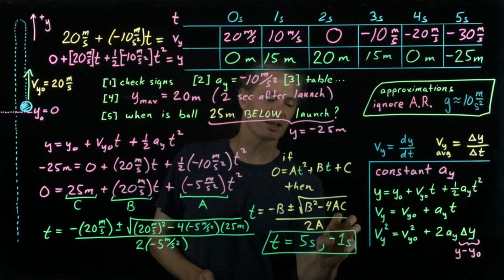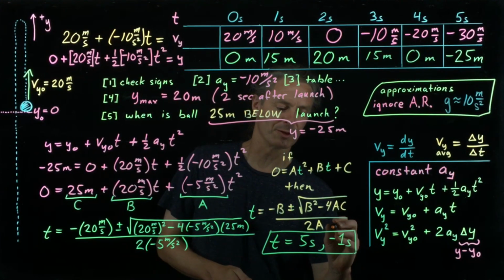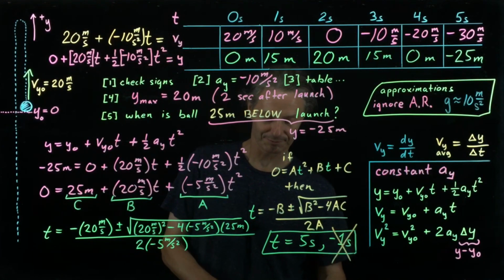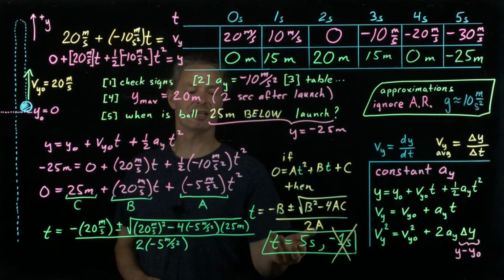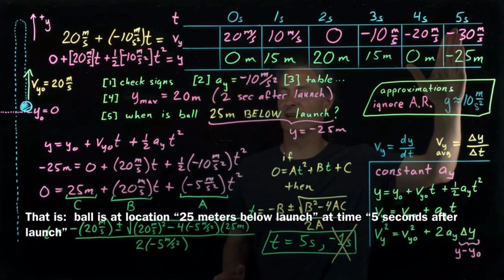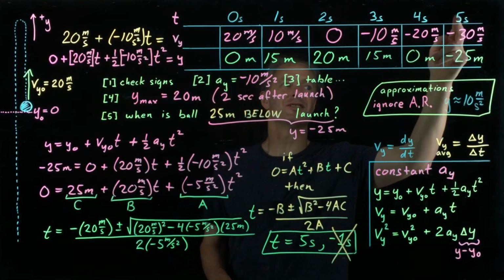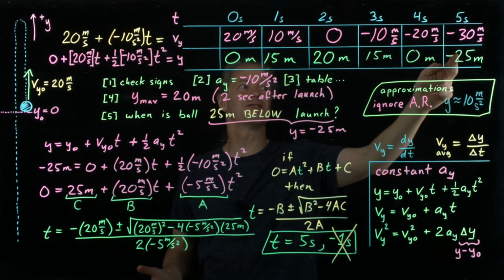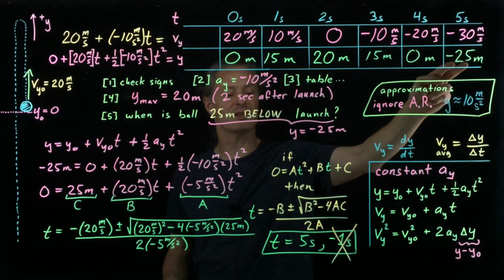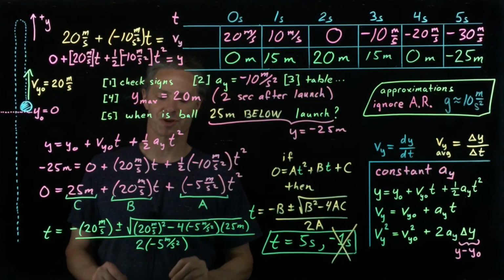So t equals negative 1 second is before our problem, and we can eliminate that, although I'm going to return to that in just a moment. So this happens at t equals 5 seconds. And look at that. We still have this information left over. When we are calculating this out second by second, at t equals 5 seconds, the position did turn out to be y equals negative 25 meters. But this is how you could have found that information from scratch.